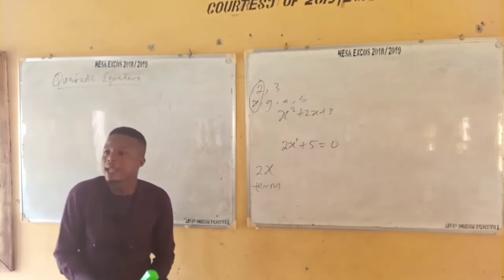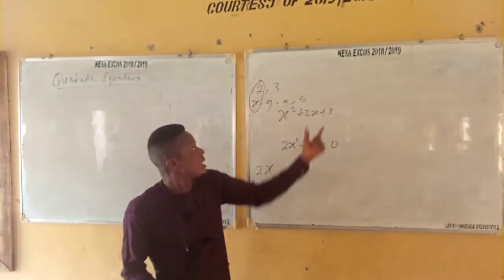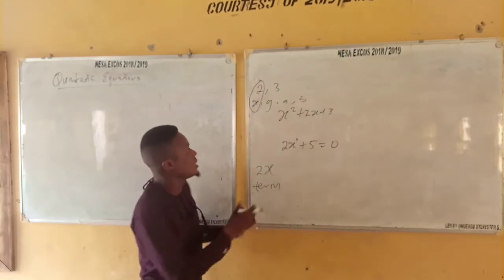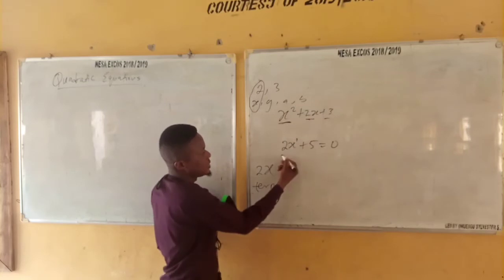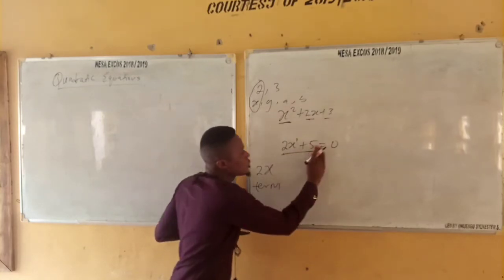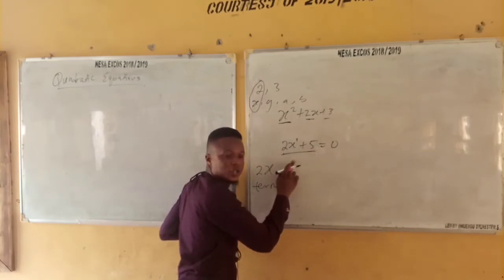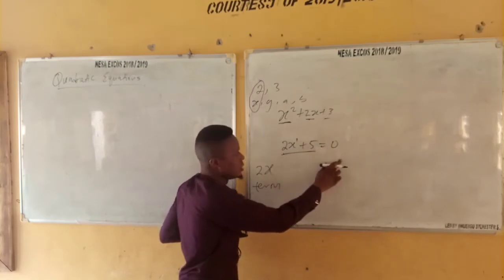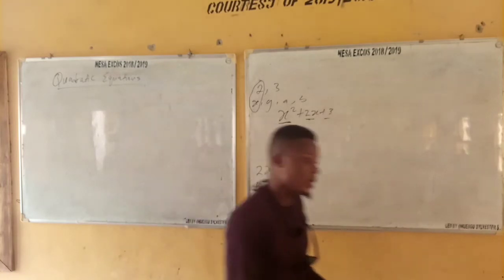So when you now combine 2 or more terms together, you are forming what we call expressions. Just like this. So many terms are combined together to form expressions. This is also what? An expression. But because of the presence of this equality sign, it's no longer an expression, it becomes what? Equation. But when I remove the equality sign, it becomes expression.